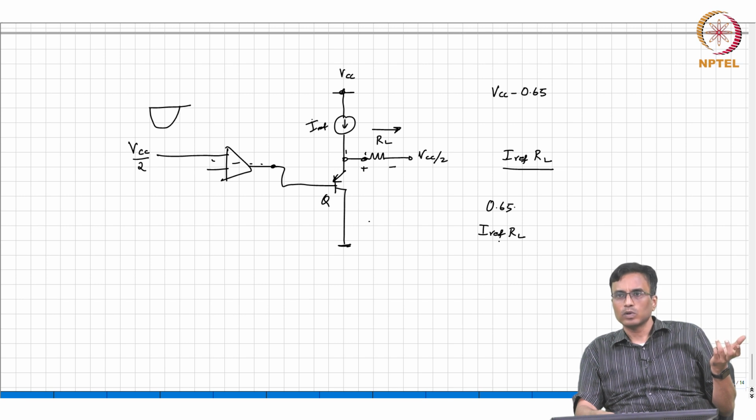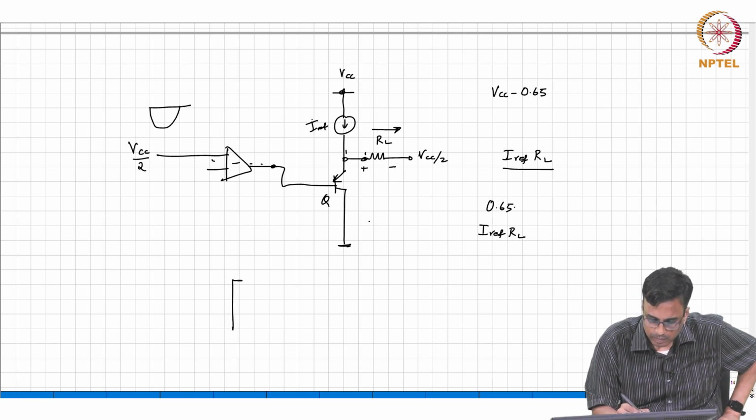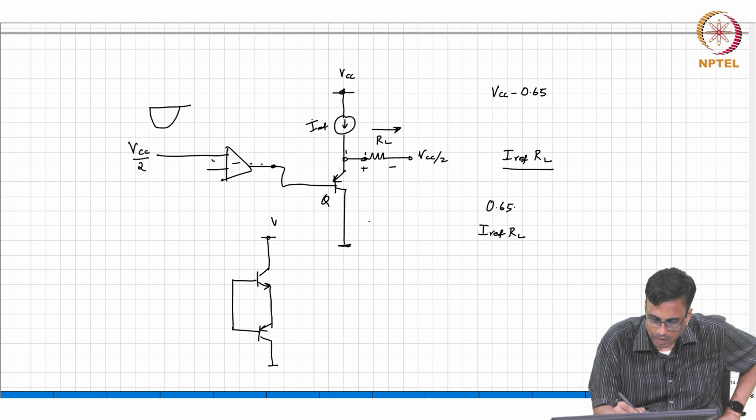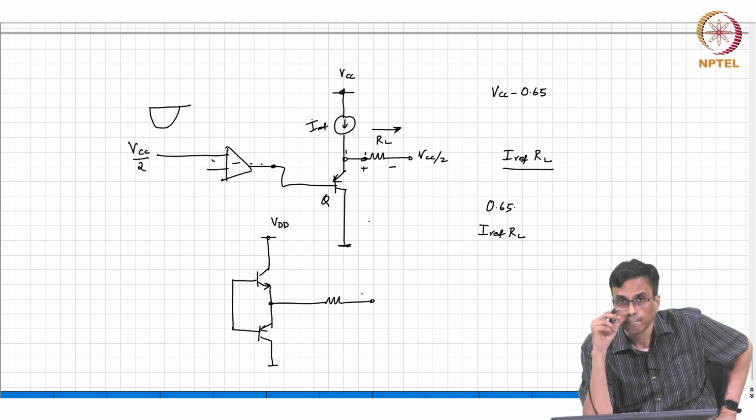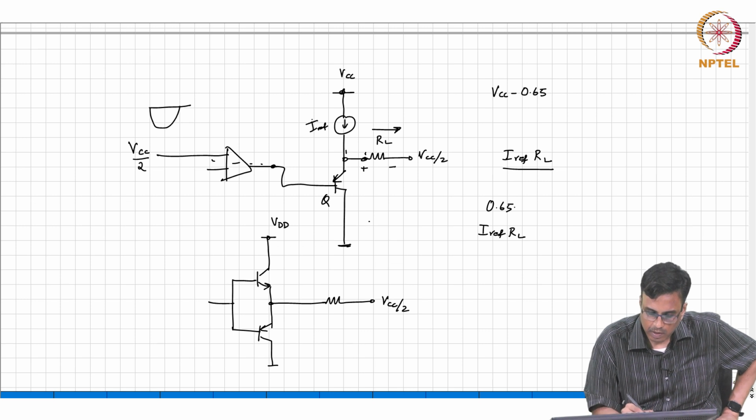So, what should we do? You connect both like this. So, this is VCC by 2. Okay.